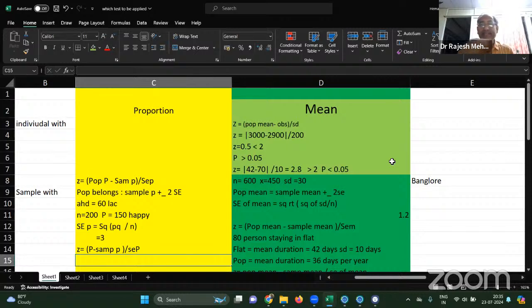I repeat, on the x-axis you are taking the proportion in a sample, and on the y-axis the number of samples showing a particular proportion.